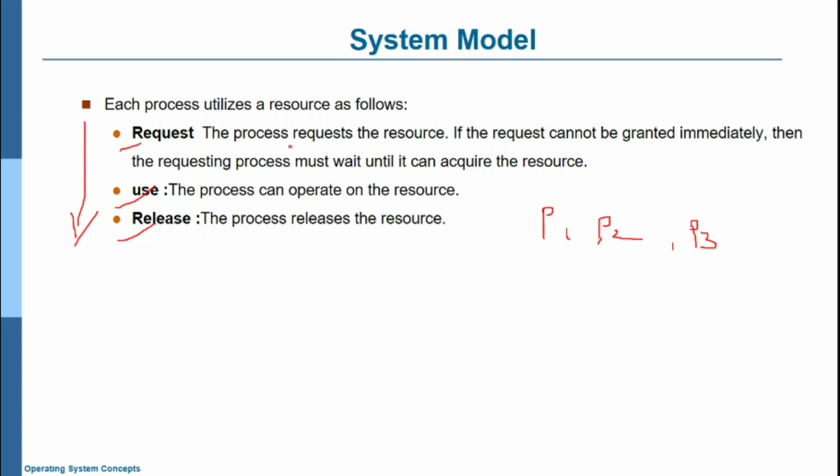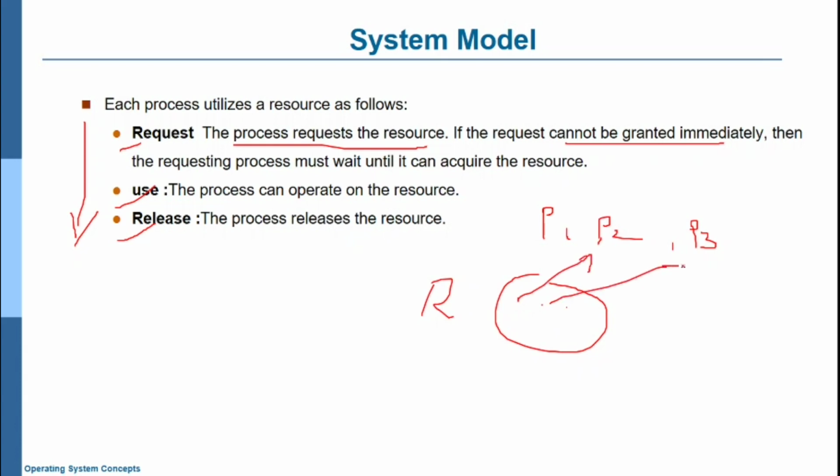Request: the process requests the resources. If the request cannot be granted immediately, why? Because the instances are held by other processes. If process P1 requests resource R1, but those instances are already held by P2 and P3, it cannot be granted immediately.